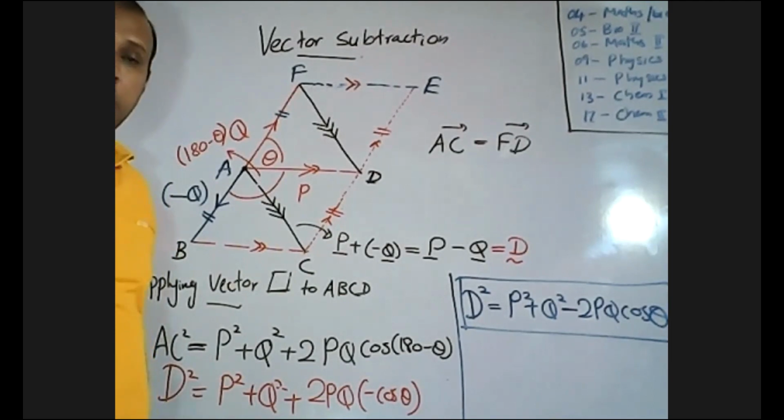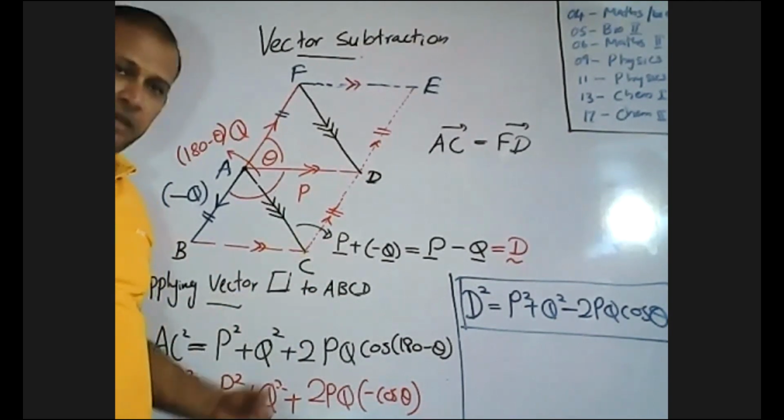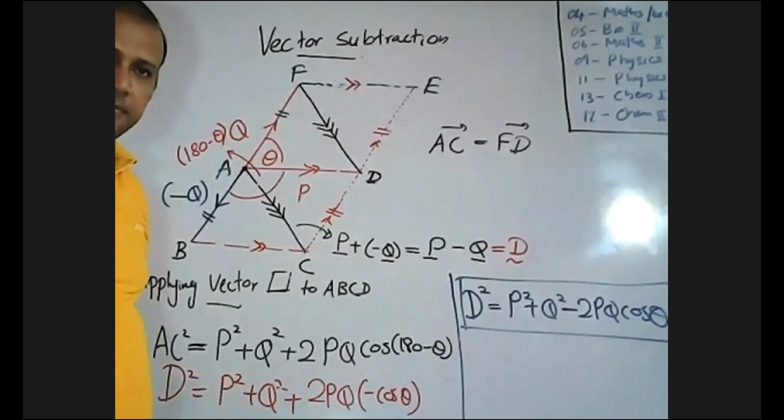If the diagonals are perpendicular to each other, what kind of parallelogram is it? If theta is 90 degrees, what is the feature of that kind of parallelogram? All the sides of a rhombus are equal. Those are the things you have to remember.